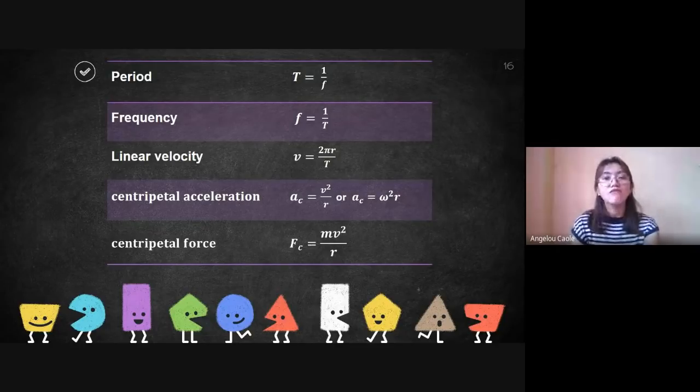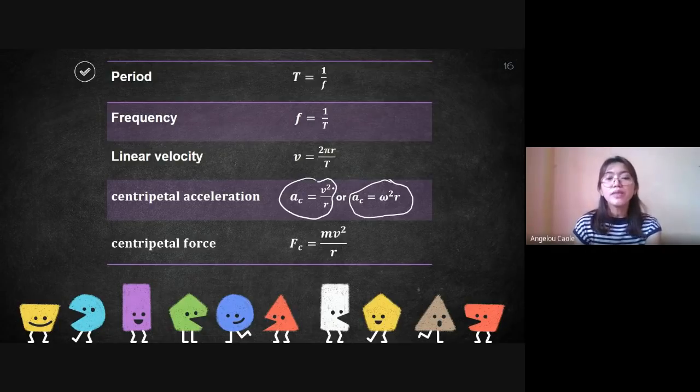For the centripetal acceleration, we have two formulas. It's either ac, for centripetal acceleration, is equal to v squared over r, or ac is equal to the angular velocity squared times r. If the velocity is in unit meters per second, use ac is equal to v squared over r. But if the velocity is in unit rad per second, use this centripetal acceleration formula.